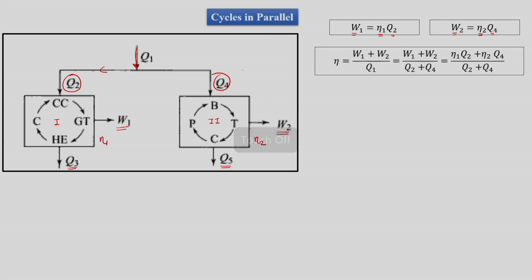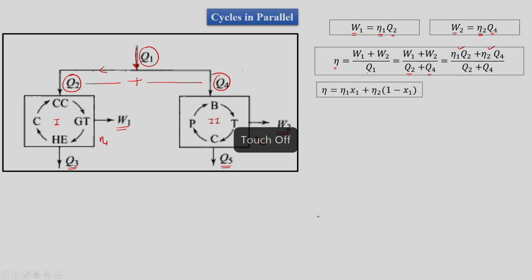Then the total efficiency of the cycle is equal to W1 plus W2 upon Q1, but Q1 is the total amount of heat supplied, which is equal to Q2 plus Q4. W1 can be written as eta 1 into Q2 and W2 can be written as eta 2 into Q4.